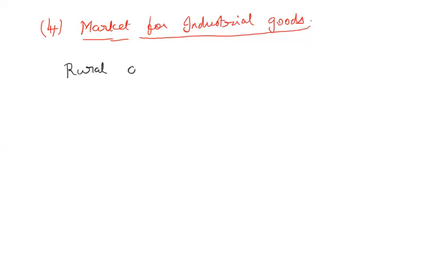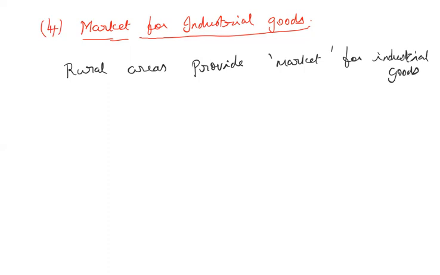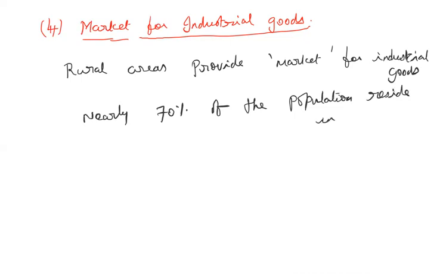So we all know that in our country, rural areas are the ones that provide the market for industrial goods. Why do rural areas provide, or why do the industries depend upon rural areas to sell their commodities? Because we all know that nearly 70% of the population reside in rural areas depending on agriculture.